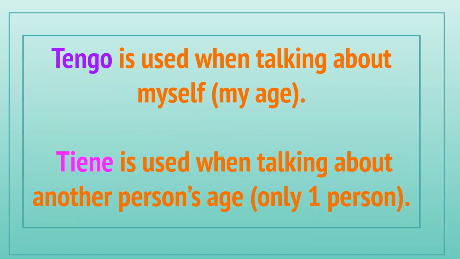Tengo is used when talking about myself. If I'm talking about my age, or if you're talking about your age, you're going to use the phrase tengo. Tiene is used when you're talking about another person's age, your dog's age, or your brother or sisters, or your friends, or any other person that you're referring to, but only about one person.